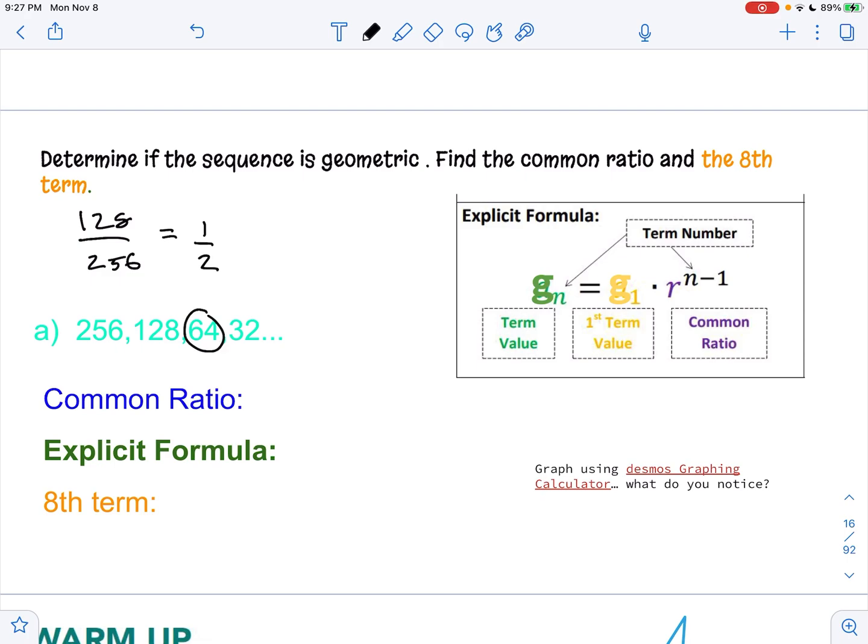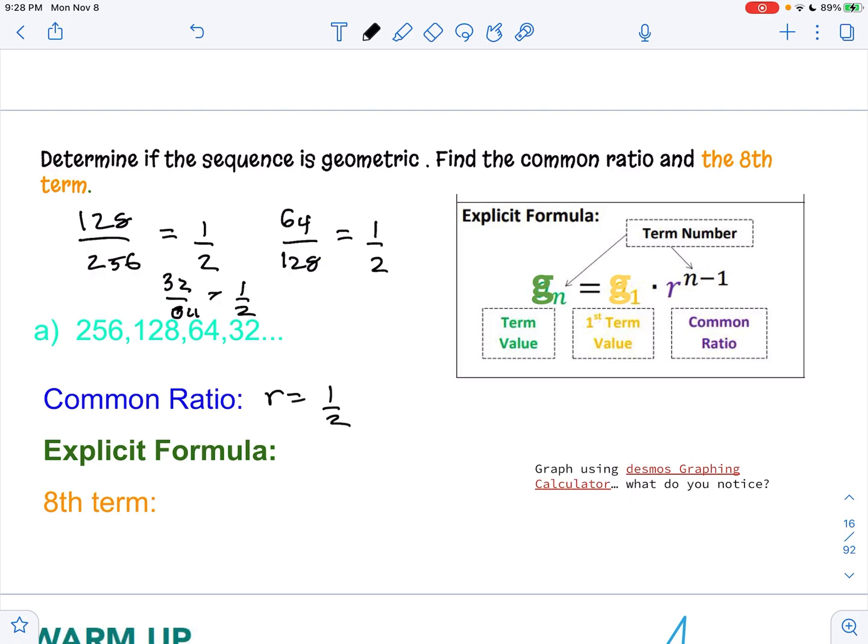And if I take 64 and divide it by 128, 64 times 2 is 128, which means 64 divided by 128 is 1/2. So the common ratio looks like, well, we have to check 32 and 64, make sure. And sure enough, 32 divided by 64 is 1/2. Since each term has the same ratio, you're going to say, yeah, the common ratio is 1/2.